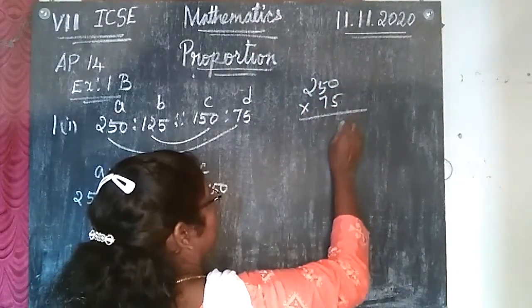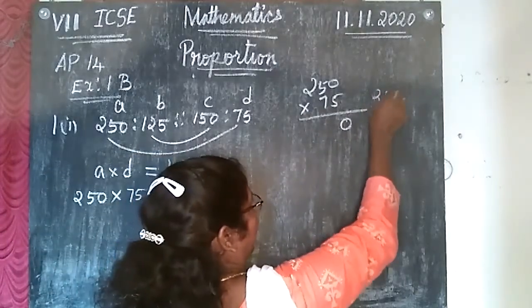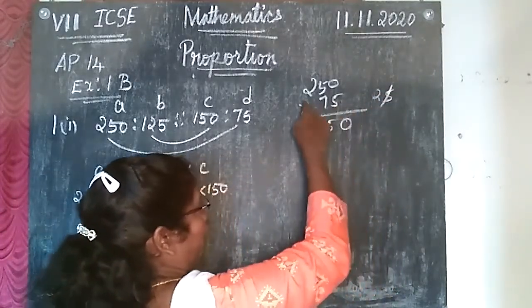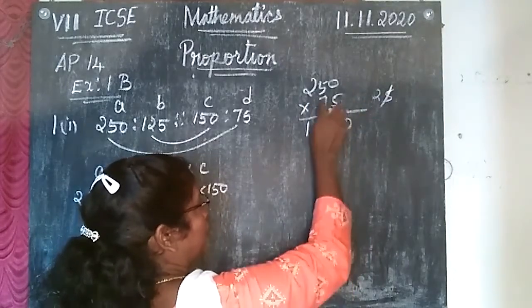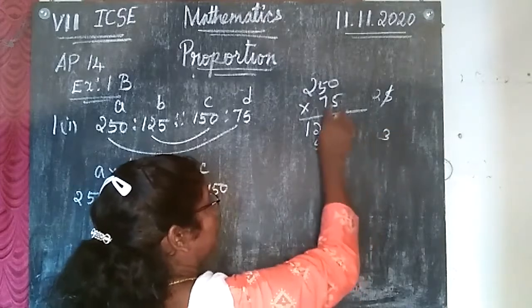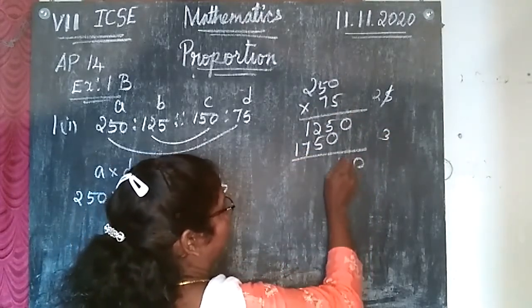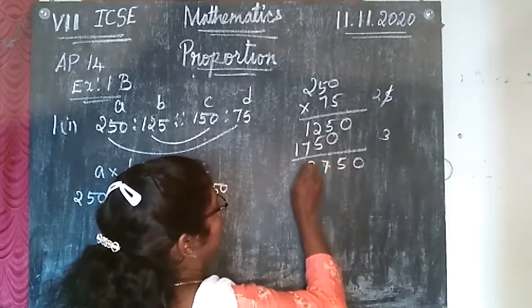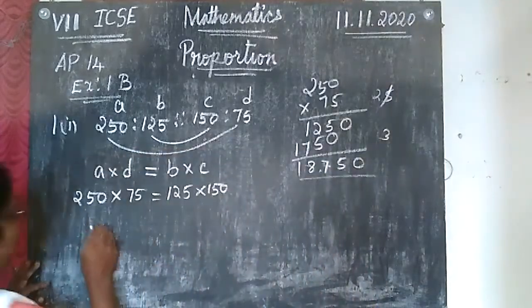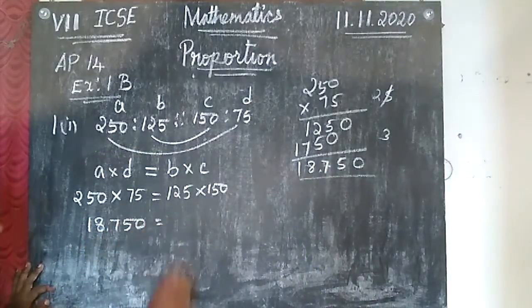I am multiplying. 5 zeros are 0. 5 5s are 25, 5 right. 5 2s are 10, 10 plus 2, 12. 7 zeros are 0. 7 5s are 35, remainder 3. 7 2s are 14, 14 plus 3, 17. So your answer is 18,750. One side we got.